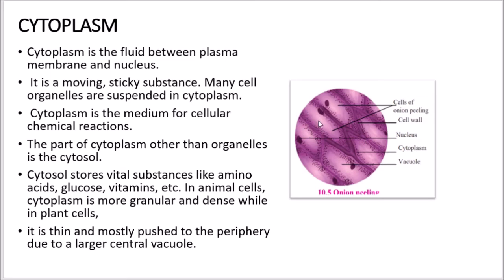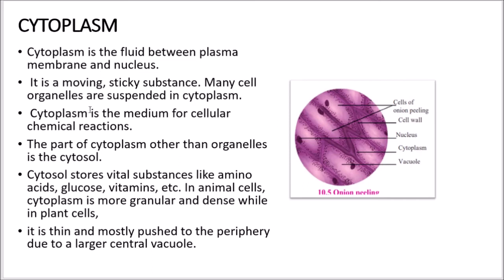With our naked eyes we can even see the nucleus, but other organelles are impossible to see without a microscope. The onion peel cell contains a cell wall, nucleus, cytoplasm, the fluid present inside the cell, and vacuole somewhere. So cytoplasm is the fluid between the plasma membrane and nucleus.